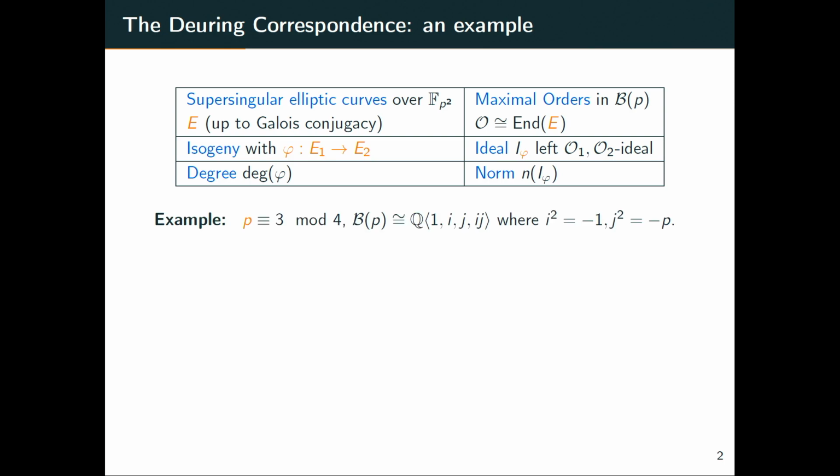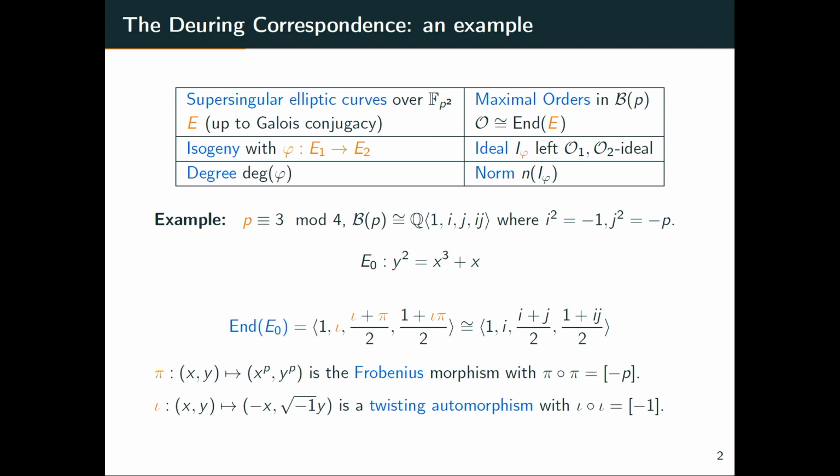Maybe a small example would be a little bit easier. If I take p equal to 3 mod 4, then my quaternion algebra is this Q vector space of dimension 4, generated by this basis, where i squared is equal to -1 and j squared is equal to -p. If I take this curve E0, it's always supersingular, and I have a very nice equation and a way of representing its endomorphism ring using two maps, pi and iota, with very simple rational expressions.